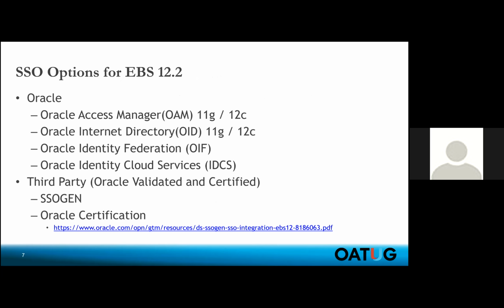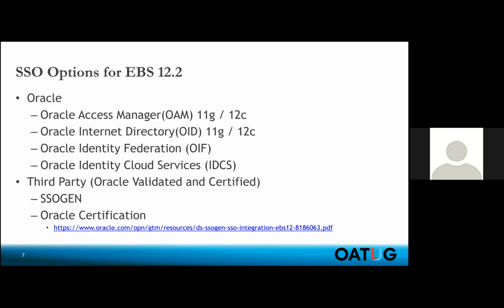To start with, the standard Oracle recommendation back in the day, the 2012 or 2013 time frame when we first started 12.2 upgrades, was OAM, and there were two versions back then, OAM 10G and 11G.